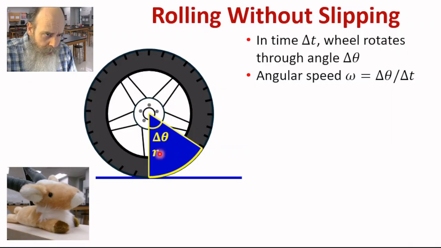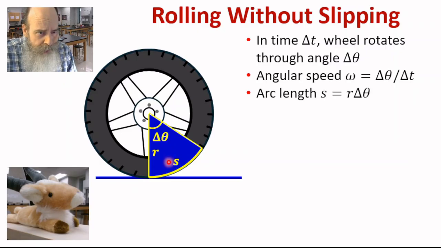And this is the radius of the wheel, r, and this, s, is the arc length subtended by the angle delta theta. And the relationship between these three variables is s equals r delta theta, where delta theta is in radians. That's the definition of a radian.